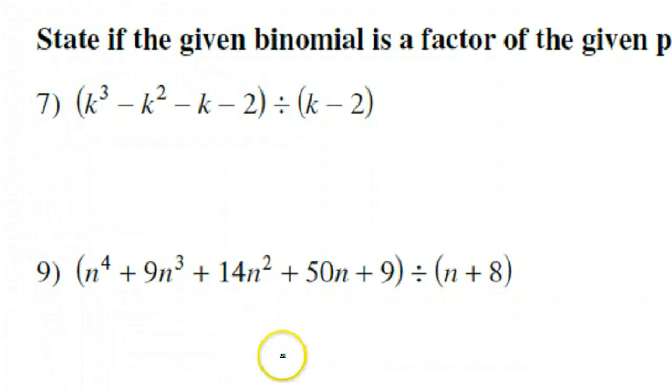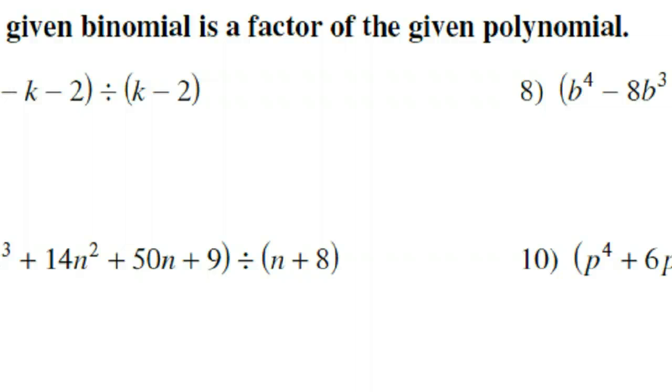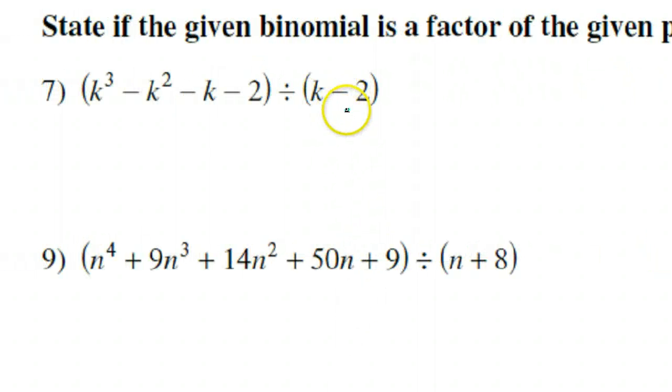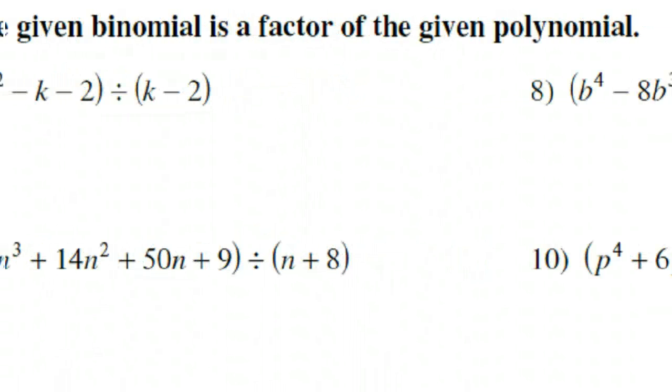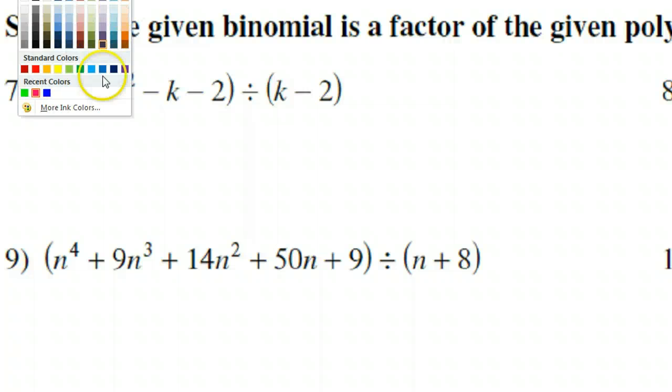Okay, now we're switching directions. State if the given binomial is a factor of the given polynomial. Well, if it's a factor, then it should divide in evenly, in which case there should be no remainder. So is it a factor?